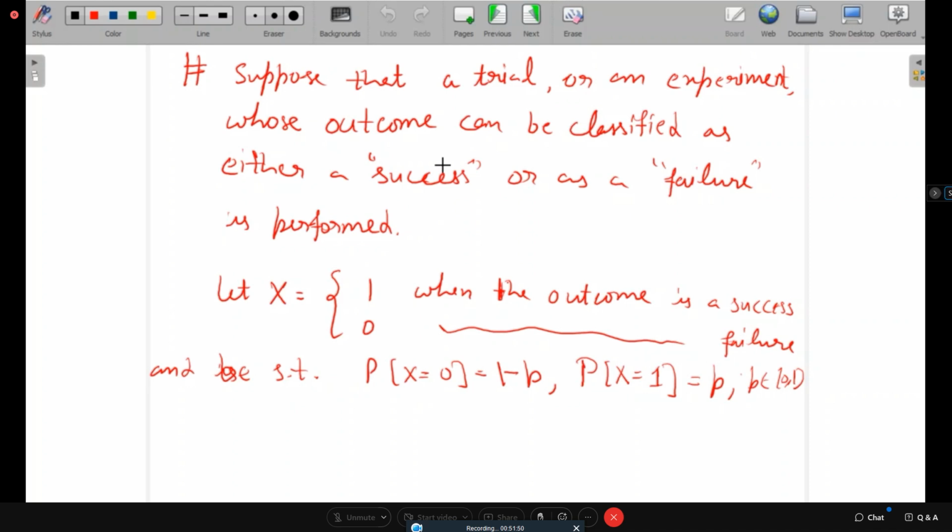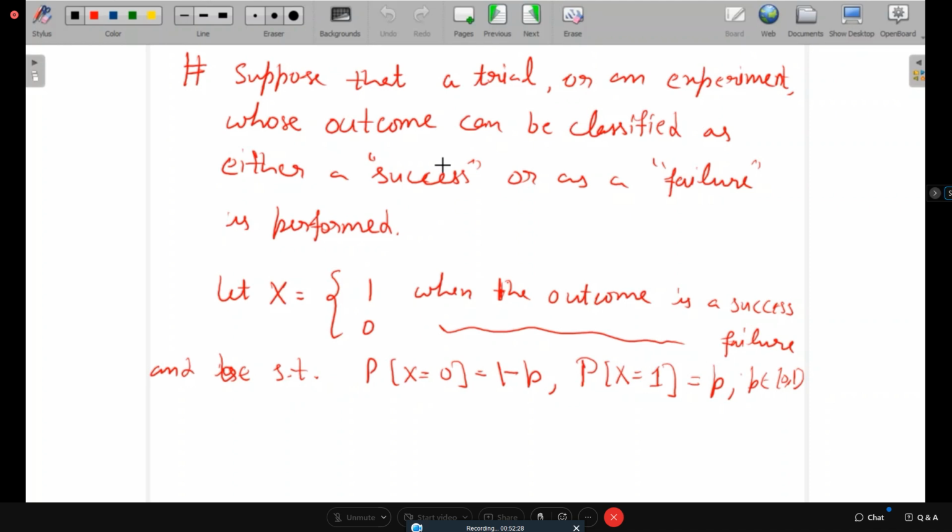Like you are tossing a coin. If you get a head, it is a success. If you get a tail, it is a failure. Or you are rolling a dice and you say, if I get an even number, I win, and if I get an odd number, I fail. So you have to divide the possible outcomes. You can only classify it as either a success or a failure. That random variable is known as a Bernoulli random variable.